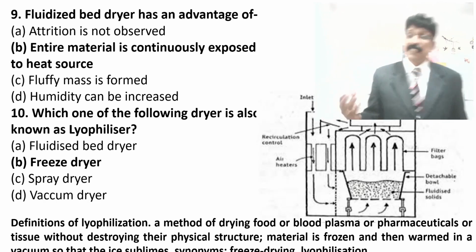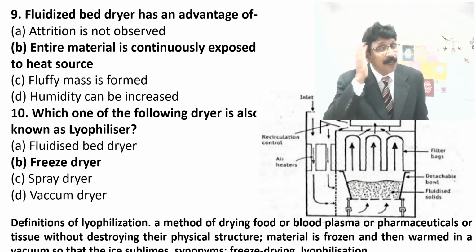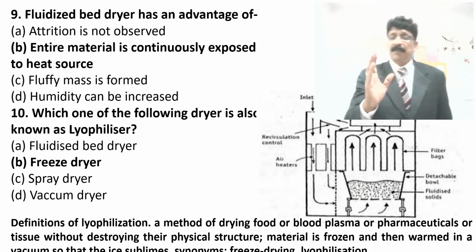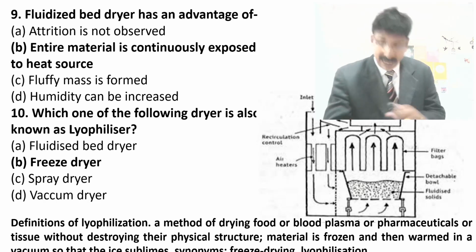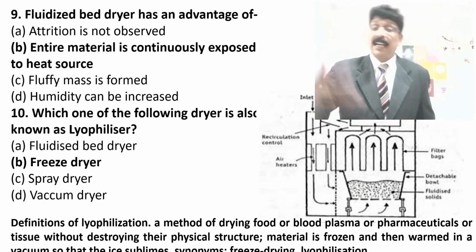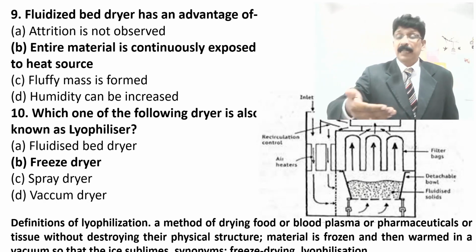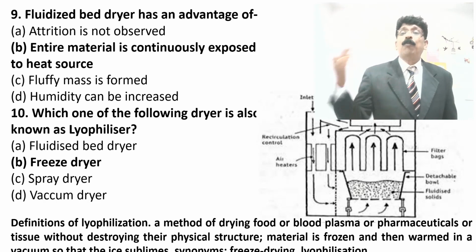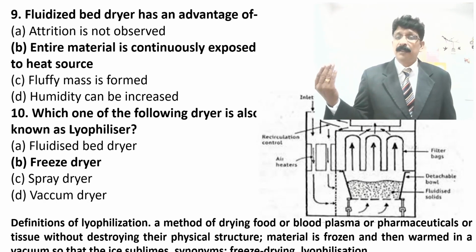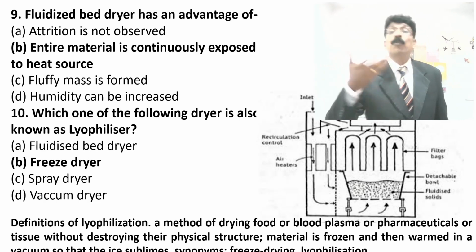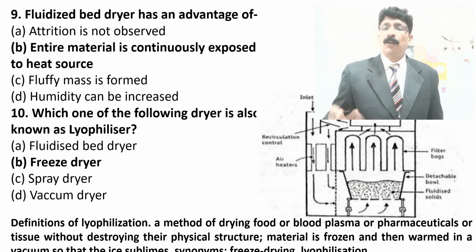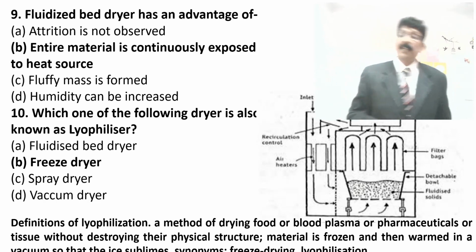Lyophilization is like sublimation. Students should remember sublimation means, like ice, when you keep it, the vapors go directly from solid to gas. So even the liquid can be removed in the form of gas when you are freeze drying. Freezing is possible and drying can be done.